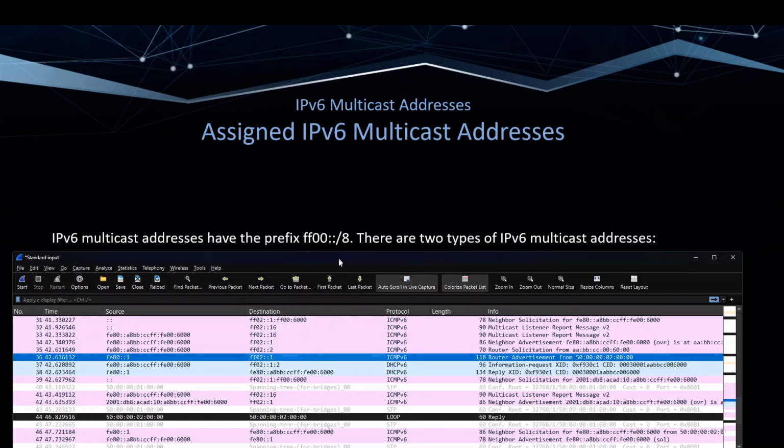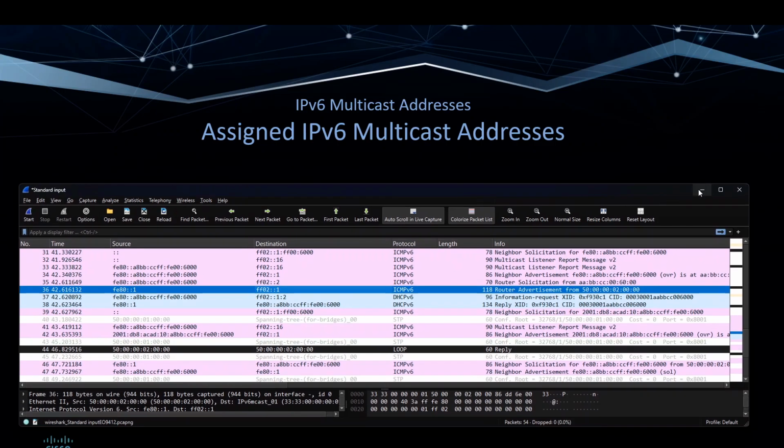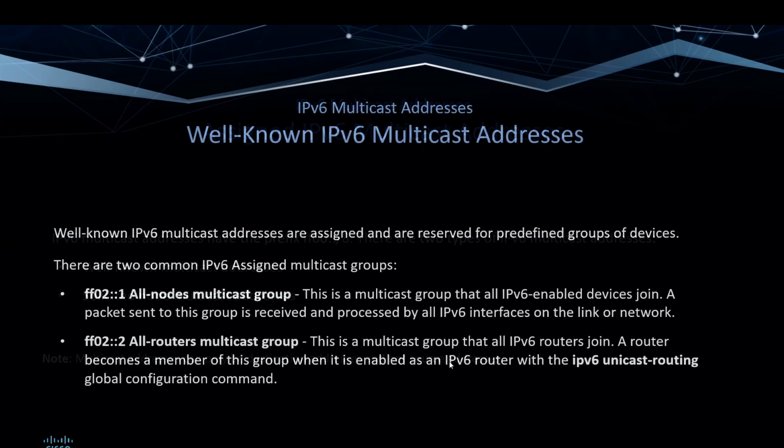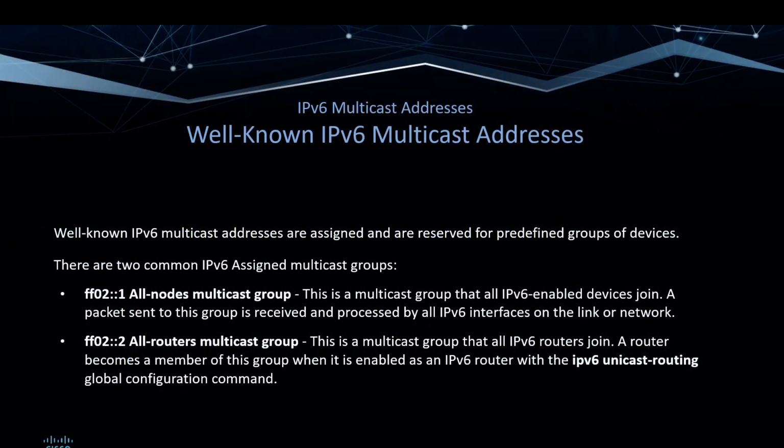The range of those IPv6 multicast addresses is FF00::/8, which means that the first two hex digits need to be FF, and we don't care what comes after that. So remember the multicast IPv6 addresses for the exam. Let's go back to IPv6 multicast addresses.